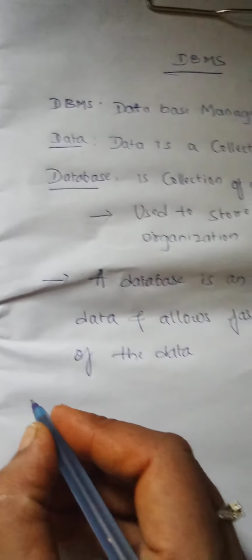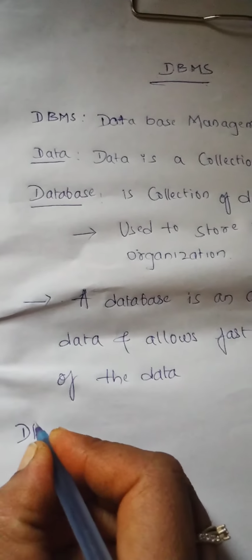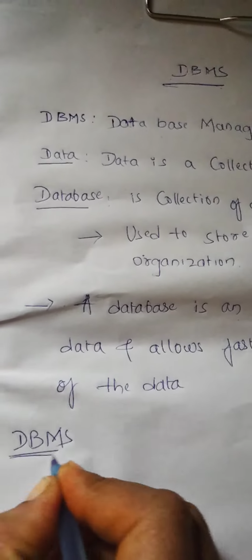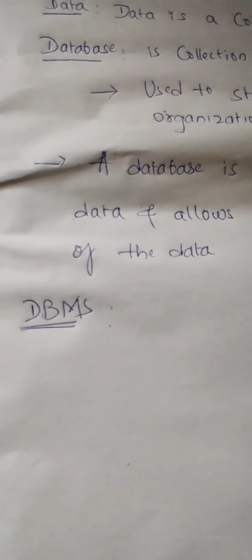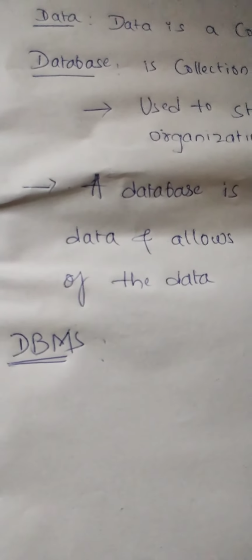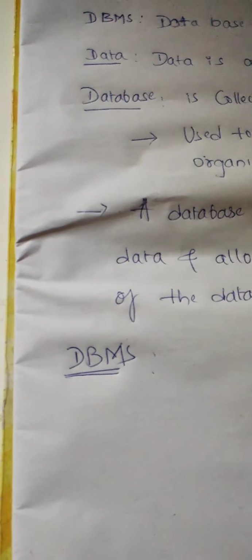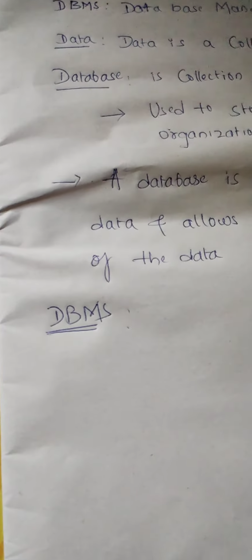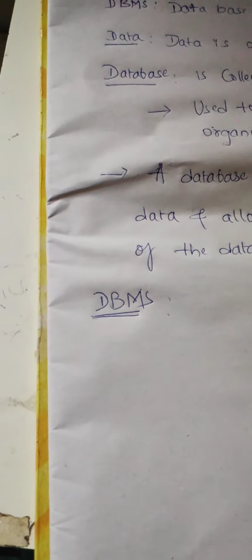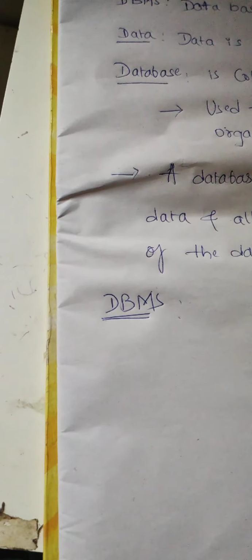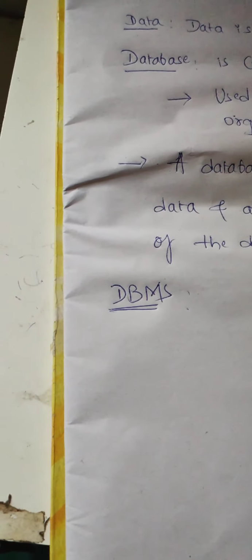Now, what is DBMS? We already said that DBMS is database management system. It is a collection of interrelated data and a set of programs to access those data. The collection of data is usually referred to as the database, which contains the information relevant to an enterprise.